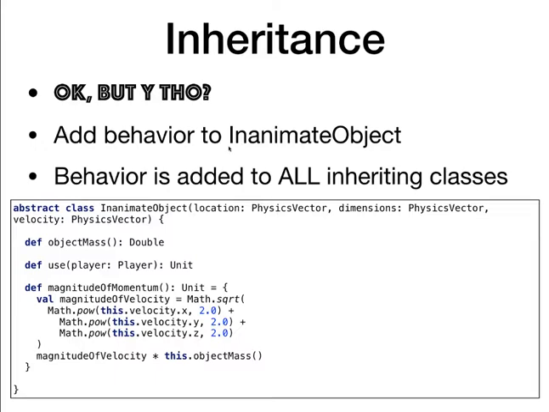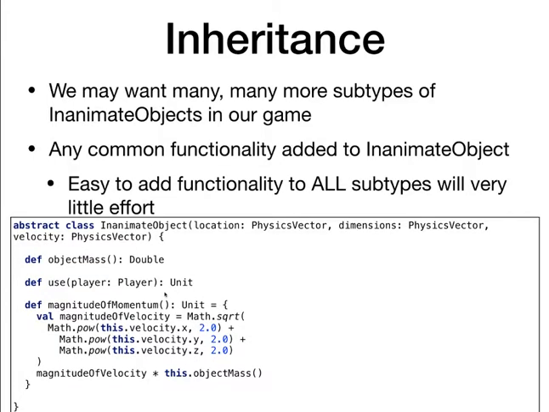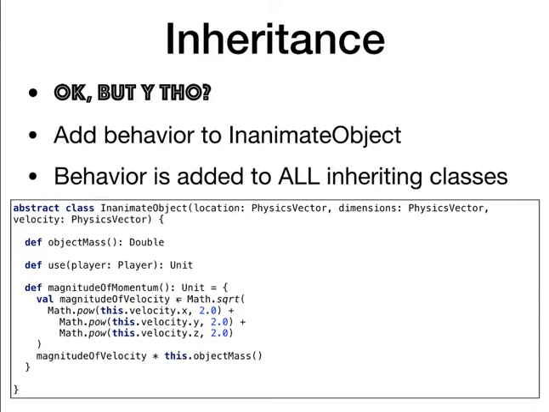So if we want a new method to compute the momentum of an inanimate object, we can define this method inside the inanimate object class, call the object mass method, which is going to call, depending on whether it's a health potion or a ball, whatever method is in that class.